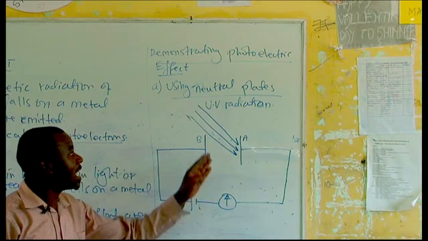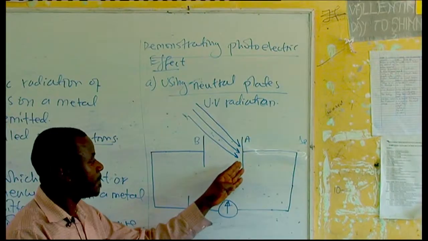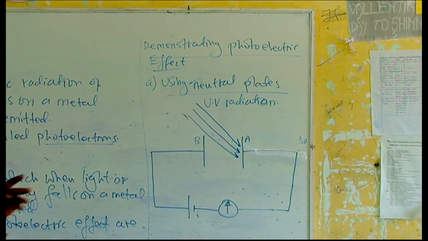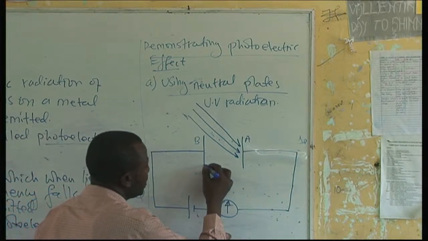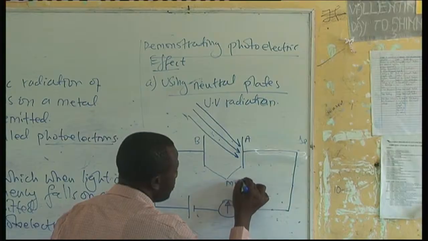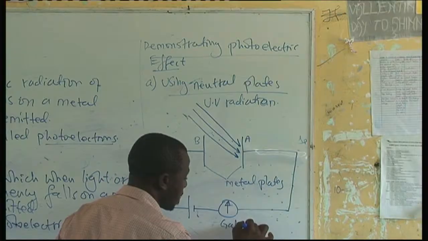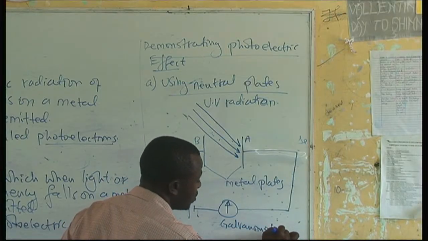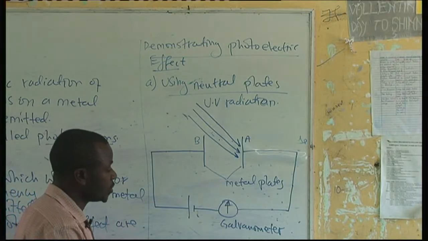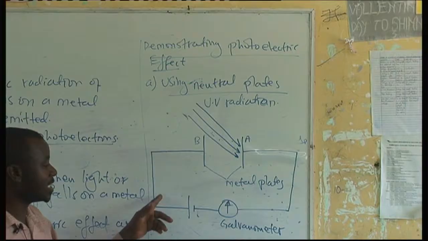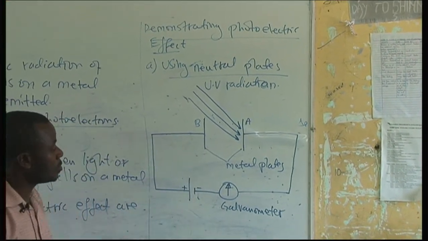Now the UV radiation are ultraviolet radiations which are emitted by the sun. So we have plate A and plate B on the other side, and these are called metal plates because they are actual metals, and this is a galvanometer. The galvanometer has a center zero pointer, which is going to reflect whenever current flows through this particular circuit.